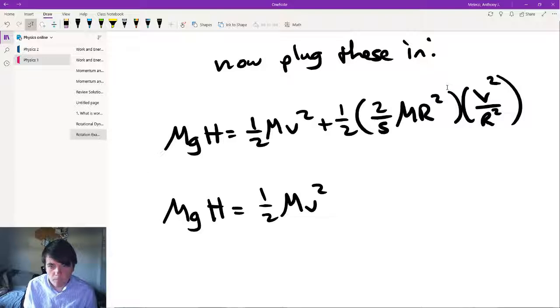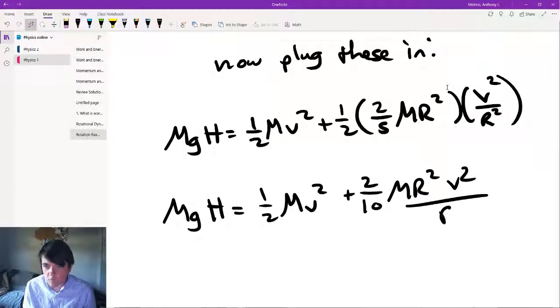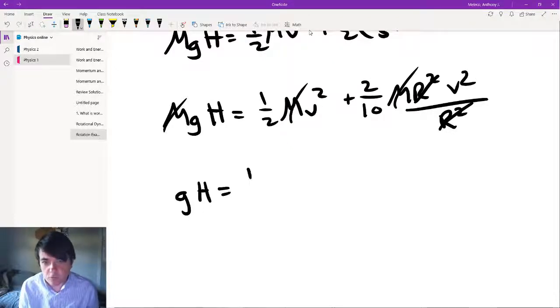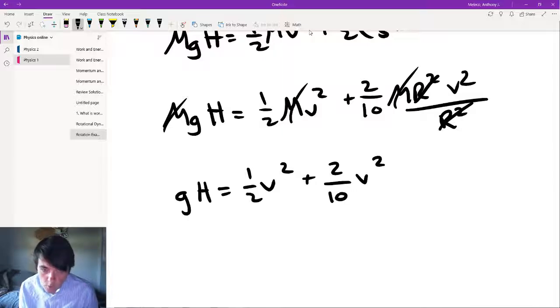Two tenths m r squared v squared over r squared. These r's can now cancel, as can the masses. Just like before in energy conservation problems, you can usually cancel the masses unless you're dealing with springs. So now what we need to do is solve for v, because that's what we need. We need the speed at the bottom.